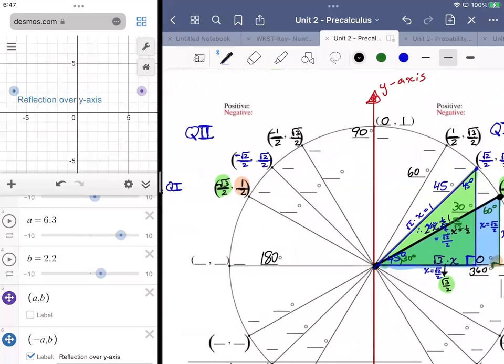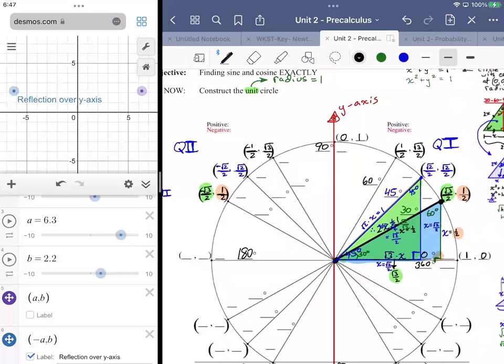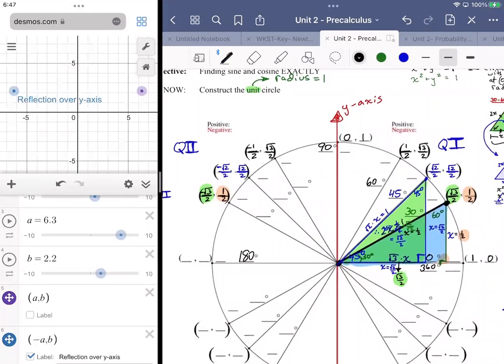And now I have all those coordinates. I do have to be thinking about, well, okay, that's cool, I got all the coordinates, but what angles do they correspond to? Well, it's the same angular movement.